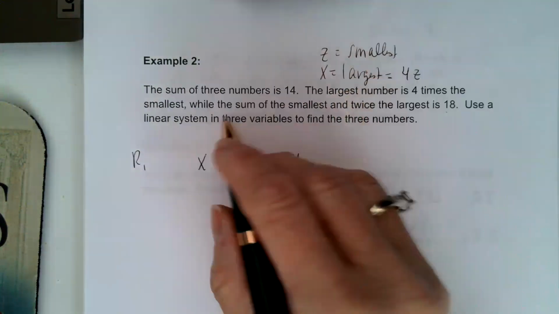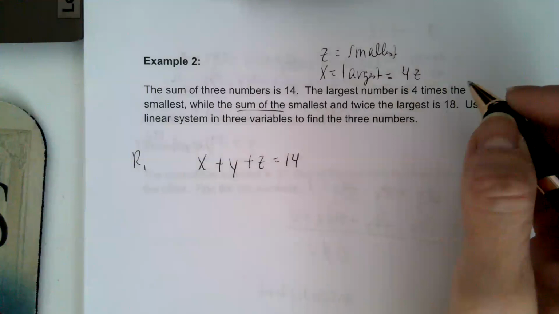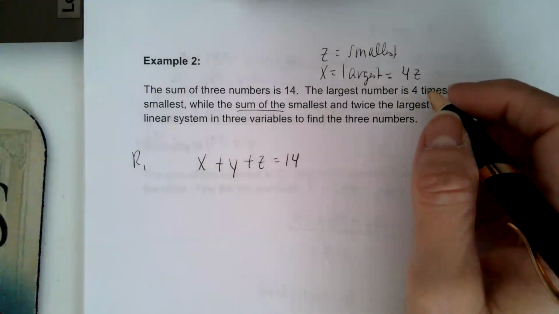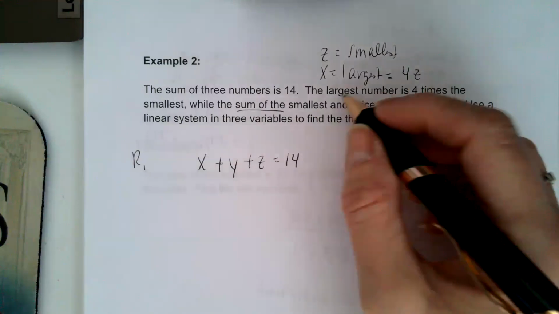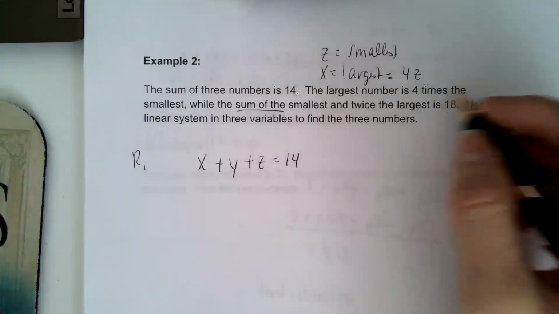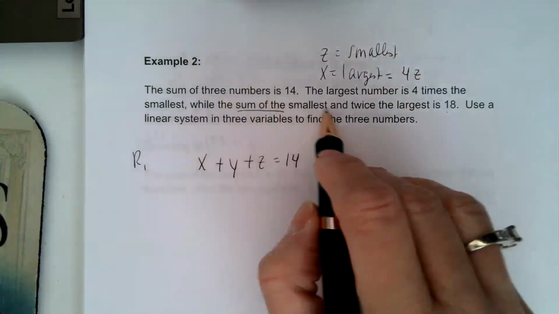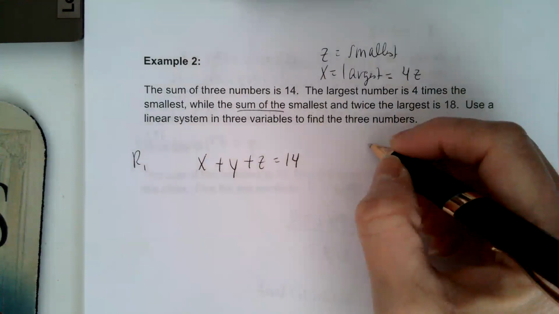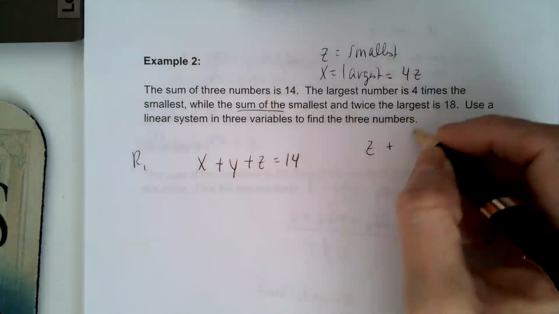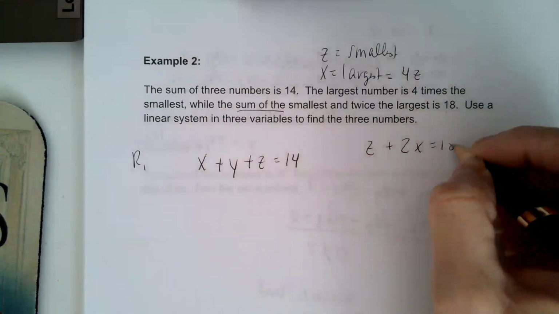While the sum of the smallest, z, and twice the largest, x, is 18.